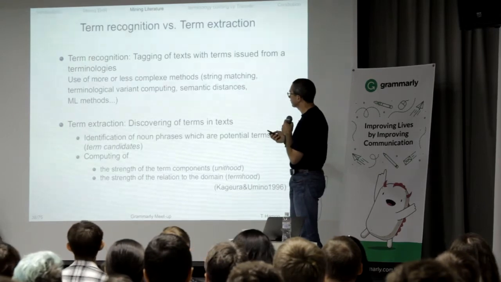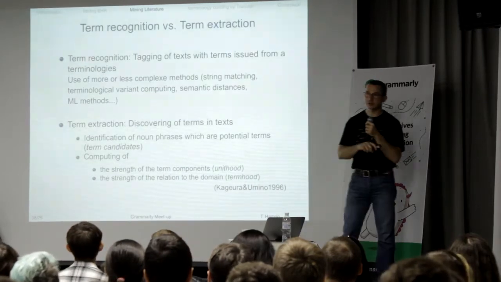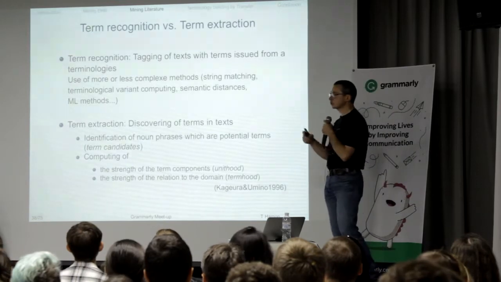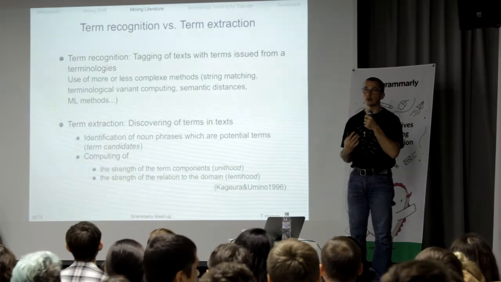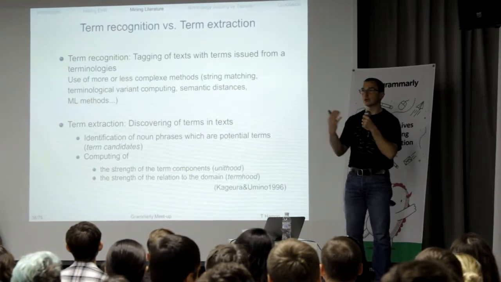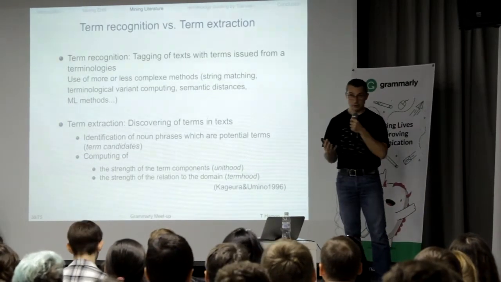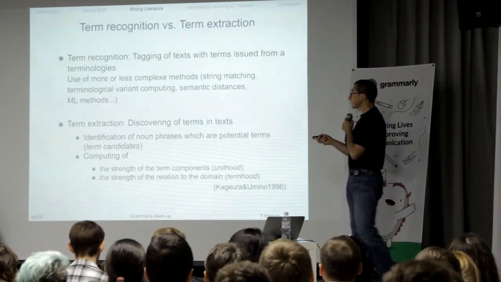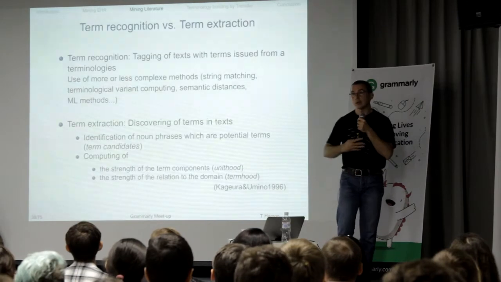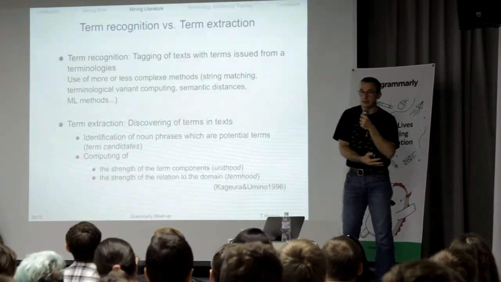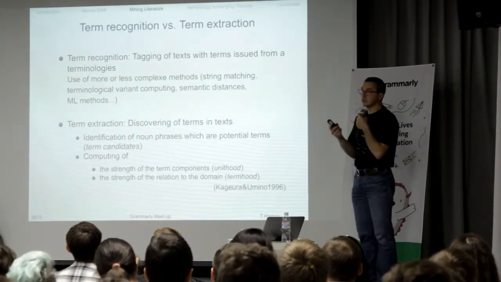Just to make the difference between term recognition and term extraction: usually term recognition is when you recognize terms you already know, which are already in a terminology. You discover nothing more, in fact. With term extraction, you try to discover terms which are in the text and which are not in a terminology. This is the main purpose.